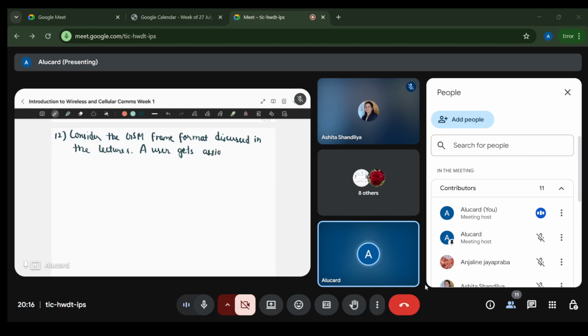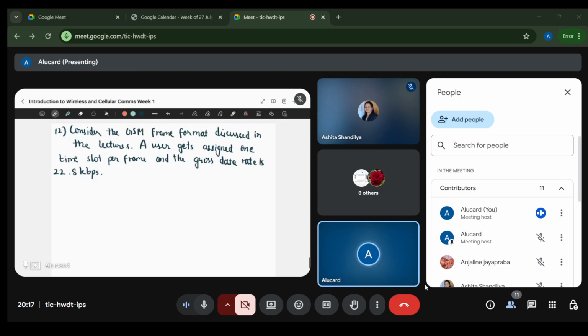A user gets assigned one time slot per frame, and the gross data rate in the example that was given in the lectures turned out to be 22.8 kbps. The example is fully worked out. You can go and check in the lecture slides or the lecture video.